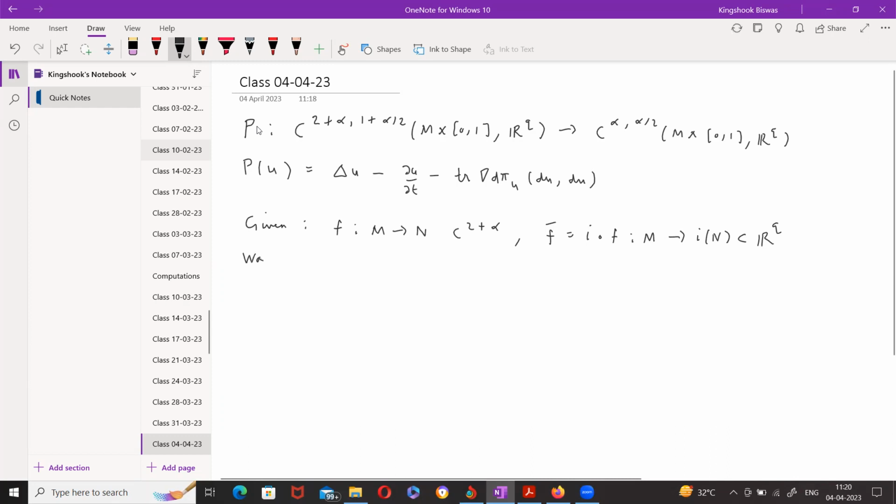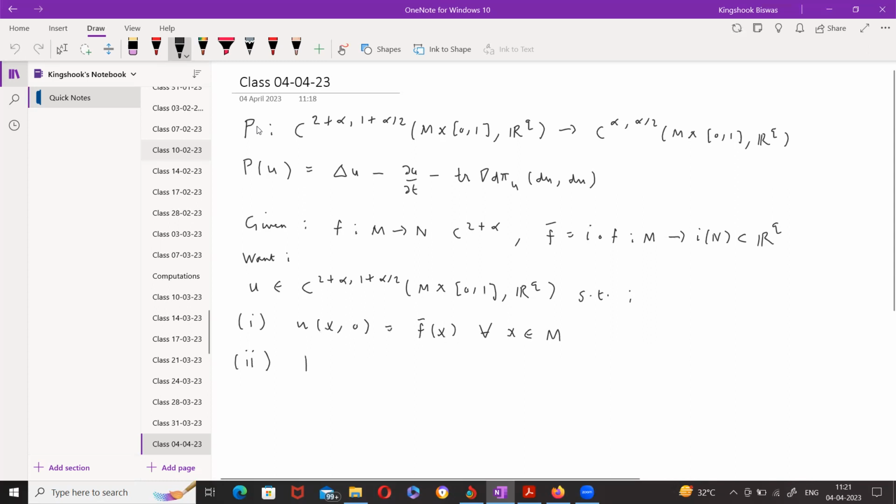And now you want U in C2 plus alpha, 1 plus alpha by 2, on M cross [0, 1] into RQ, such that, one, U of x comma 0 is f bar of x, so you have the right initial values at time 0. And two, P of U is identically 0.